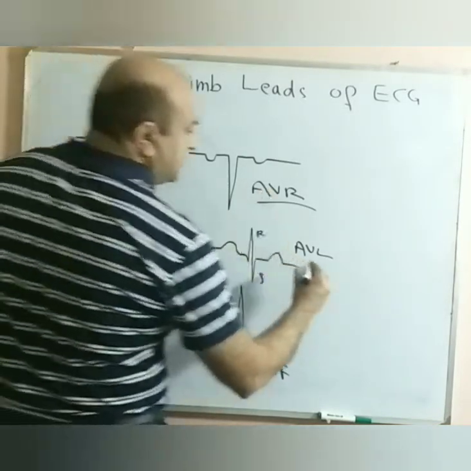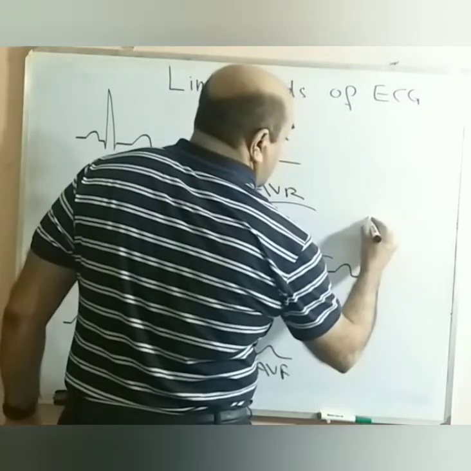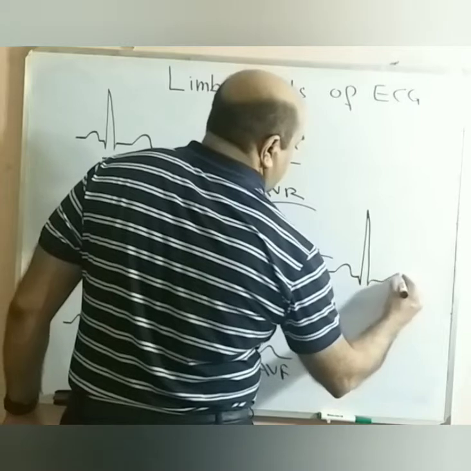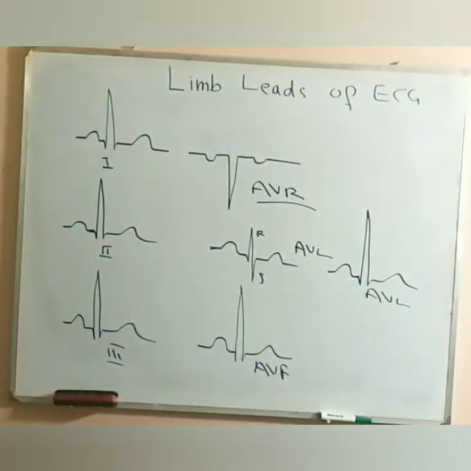But in the majority of practical cases which we see so often in the ICU, AVL is also a positive lead. So don't be bothered by it, but keep one thing in mind: AVR should be negative. Otherwise, 1, 2, 3 should be positive.